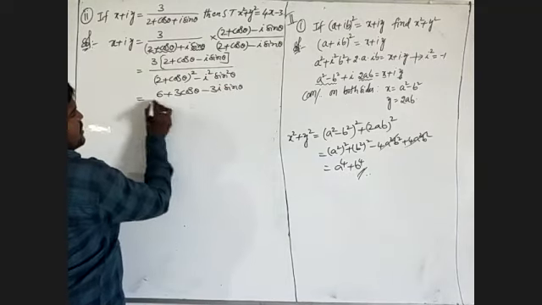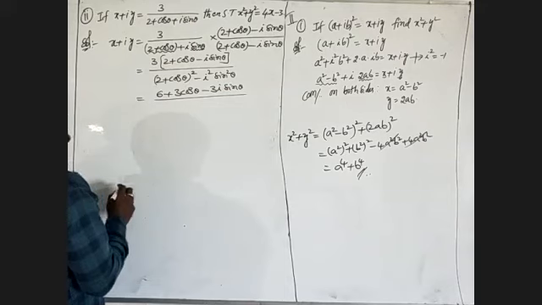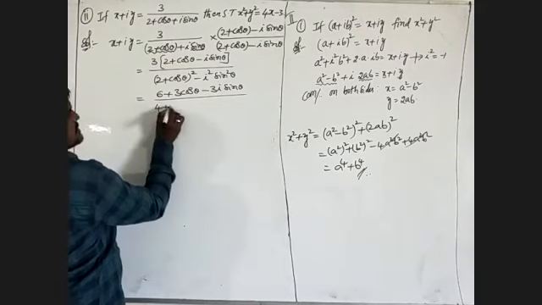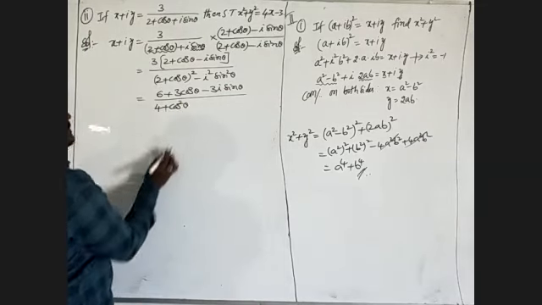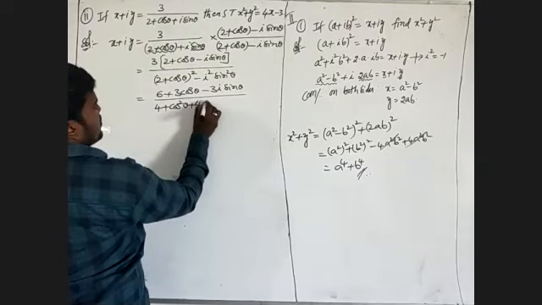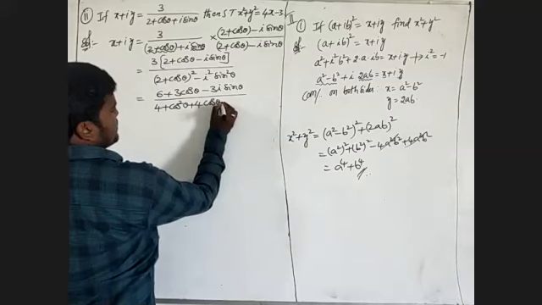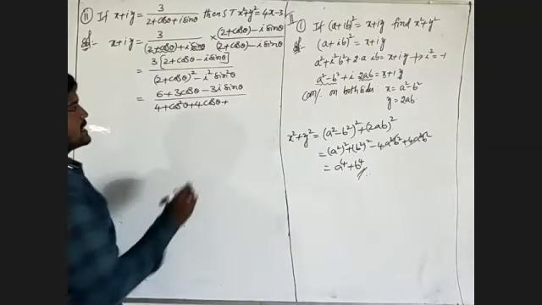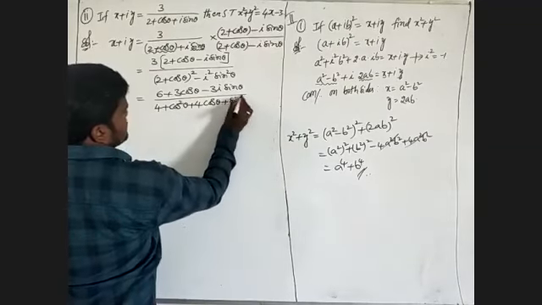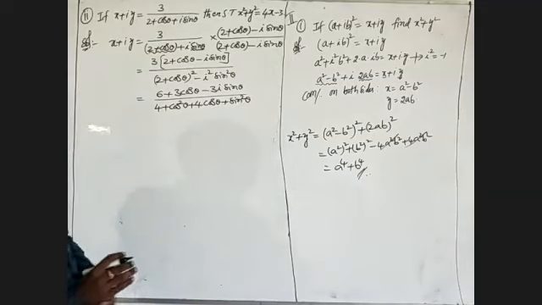I have to expand the denominator: 4 plus cos square theta plus 4 cos theta, plus i square becomes minus 1, minus into minus is plus, remaining sin square theta.